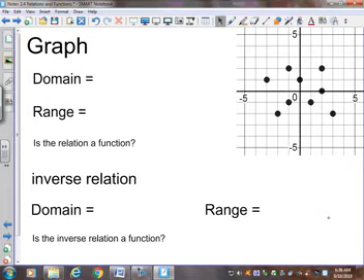All right, now that you've drawn the graph, let's go through and talk about domain and range. Now, with the graph, you have a couple of choices. Choice number one is you could copy down all the points off the graph, make a little list so that you can put the domain and ranges together. Choice number two is to look at it from a vertical and horizontal point of view. So that's what I thought we'd do.